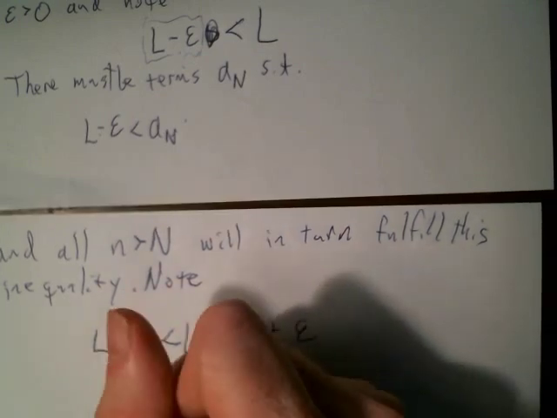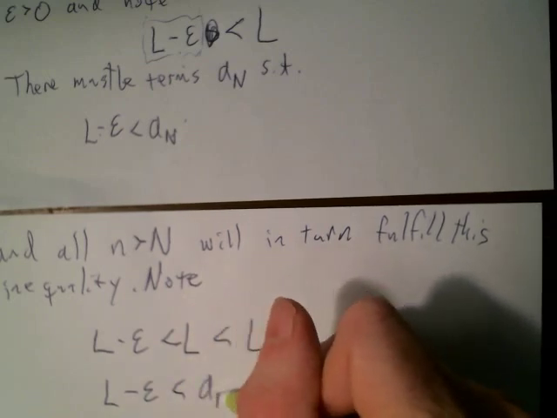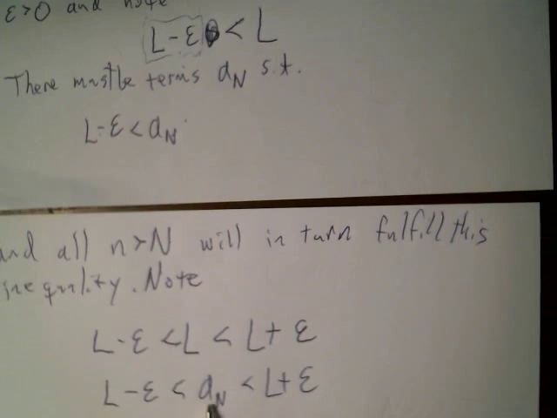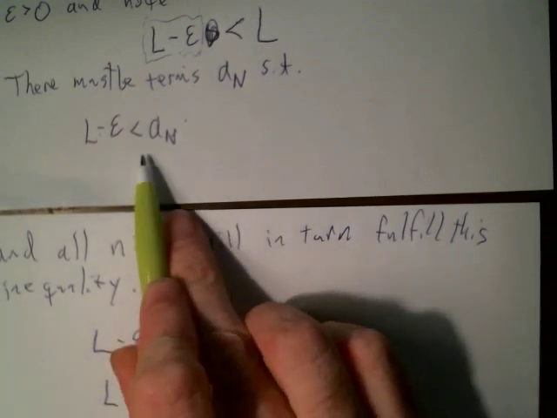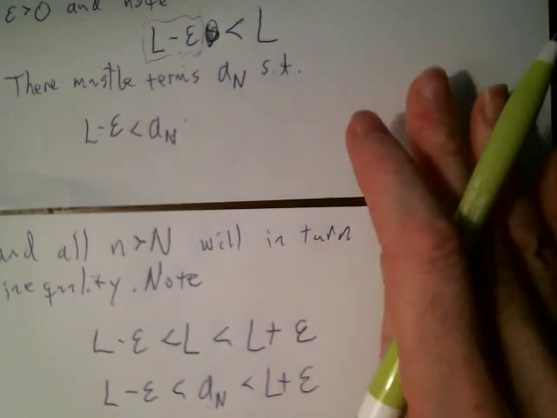So we have this fact, but from this fact, we can also say that L minus epsilon is less than A sub n, which is less than L plus epsilon. We have this fact from before, but this is obviously true as well because A sub n is bounded above by L. So A sub n is definitely also bounded above by L plus epsilon.